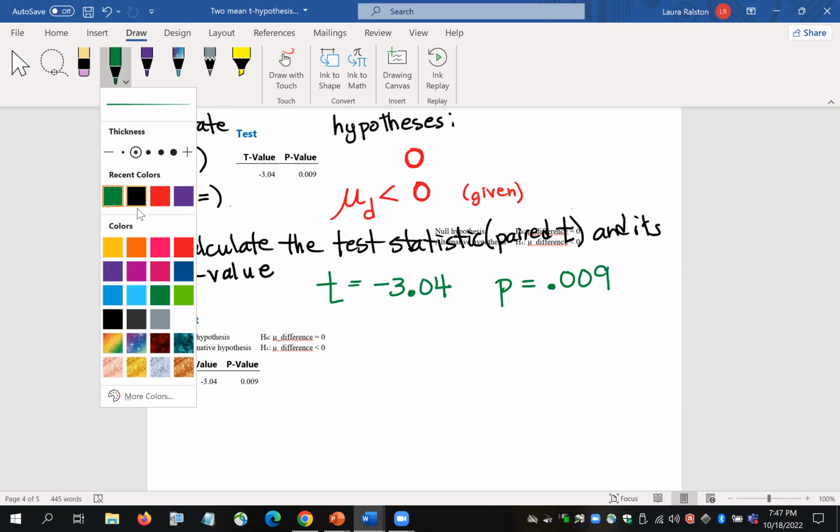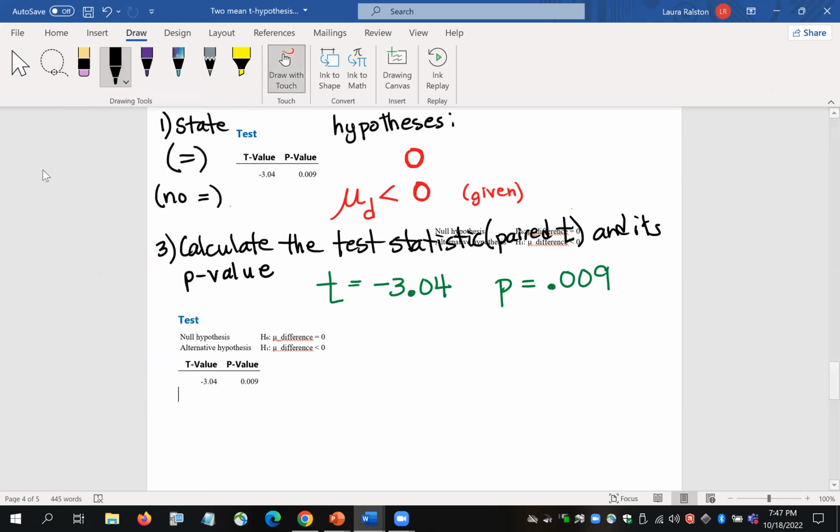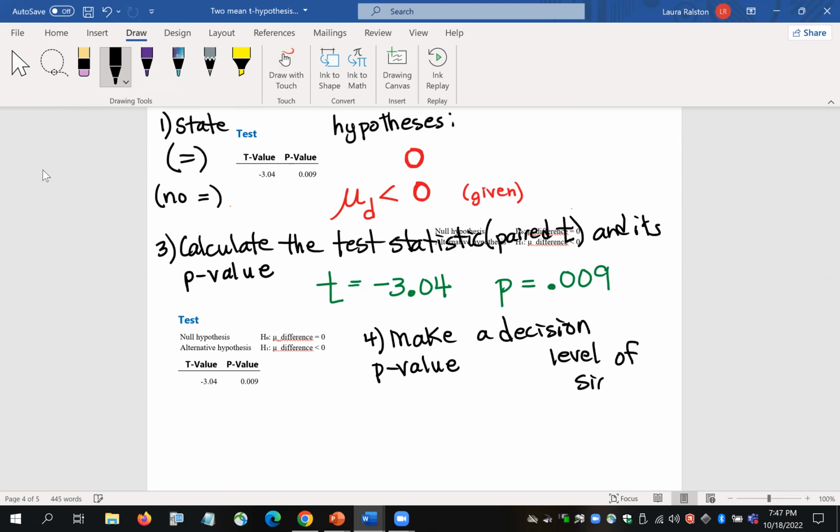Then we move on to step 4. I sound like a broken record, because step 4 is we're going to make a decision by comparing the p-value to the level of significance.